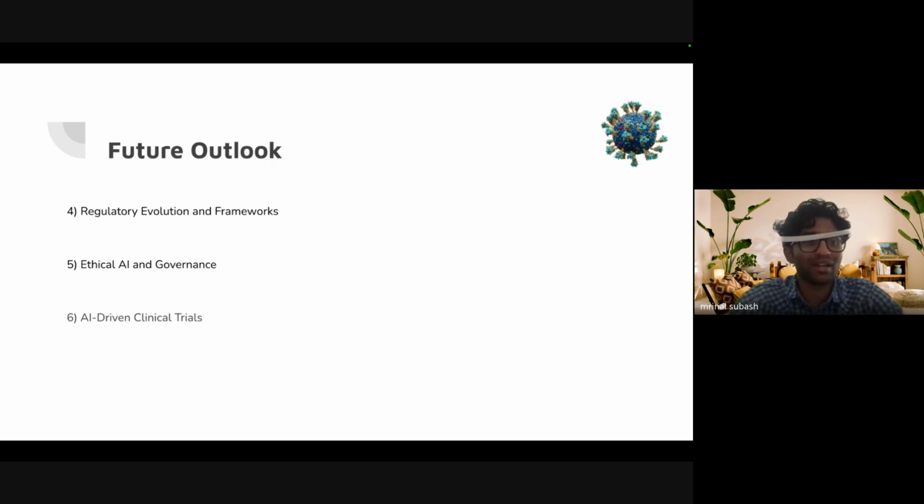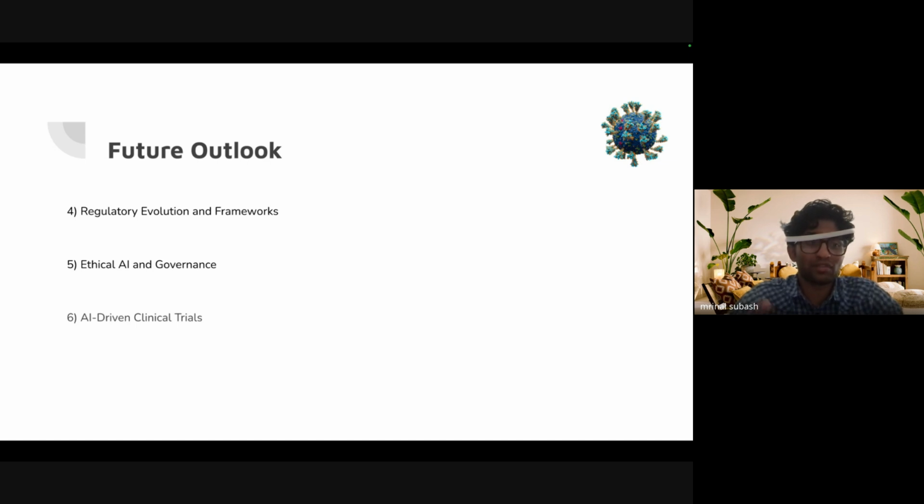We need to include fairness, transparency, and accountability, and also address issues of bias, data privacy, and patient autonomy. This will ensure not only equal distribution of the benefits of AI and drug repurposing, but also that it could affect people from all backgrounds.